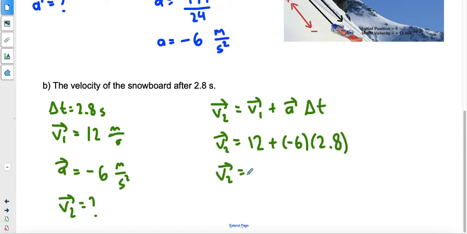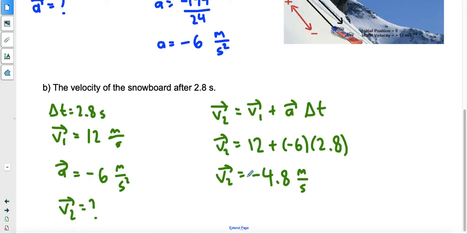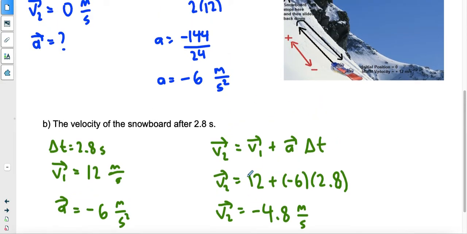And if we just plug that into our calculator, we'll get -4.8 meters per second. And remember, the negative, all that tells us is after 2.8 seconds, the snowboard is going to be traveling downhill at 4.8 meters per second. Because negative is in the downhill direction. That's how we defined it.